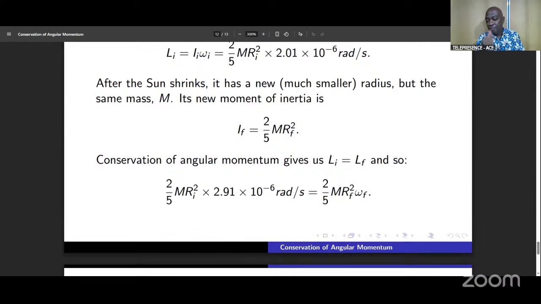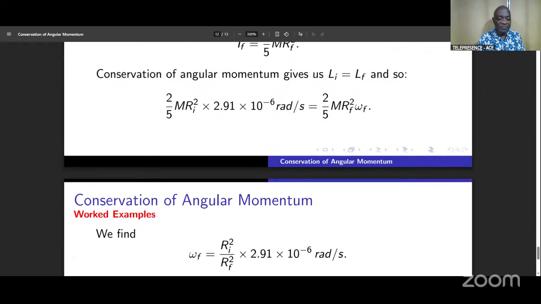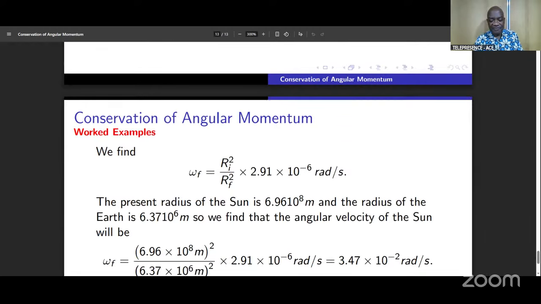Performing this equation and making omega f the subject, we have omega f is ri squared over rf squared times omega i. It's just a very ordinary manipulation, the kind that we have been doing since secondary school. So you have this ratio, and you can see the mass has disappeared since it is the same mass.